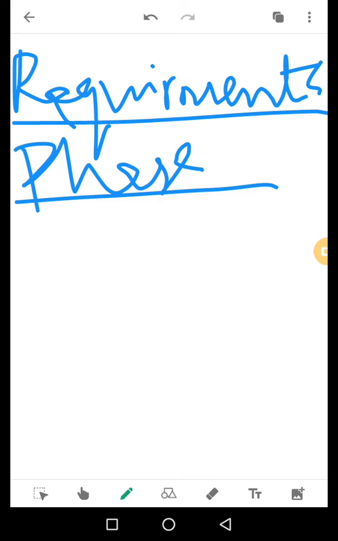Okay, let's have a look at the concepts now. The concepts, they are as follows.